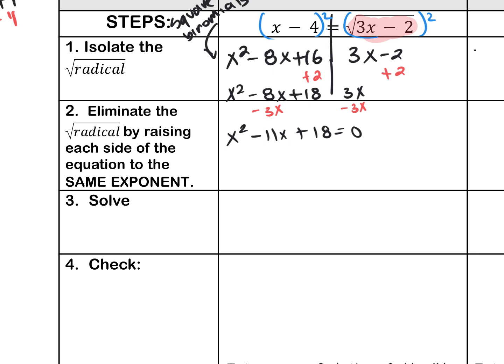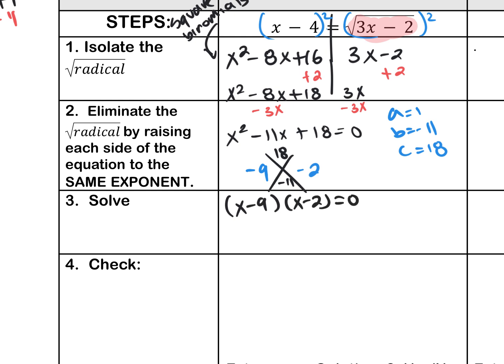So to solve for x, I'm going to find my a, b, and c value. Do the x puzzle. Numbers that multiply to 18, but add up to negative 11. That's going to be negative 9, negative 2. Put those two answers in parentheses. And then solve for x from there.